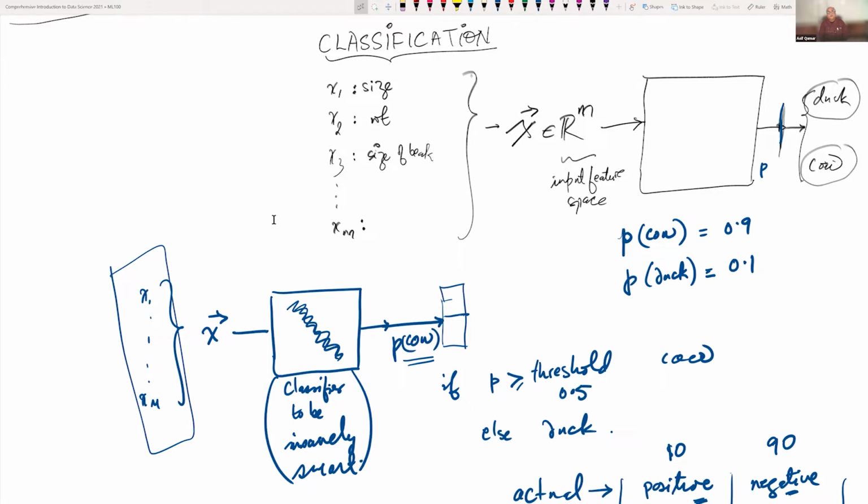So if the probability of a duck is whatever, the probability of a cow will be 1 minus the probability of the duck. You can arbitrarily pick one of them as the positive case. Let's say ducks. If duck is a positive case, then you say that if the probability of duck is 50% or greater, it must be a duck. That is one way of looking at it.